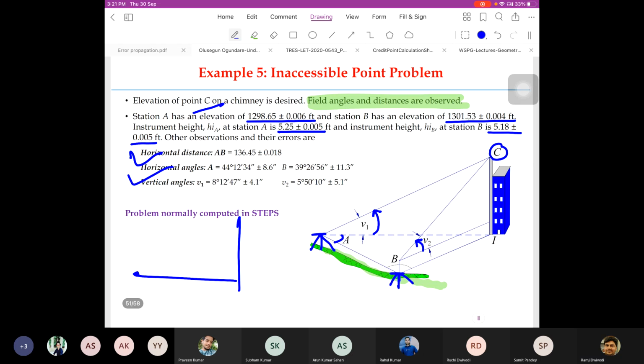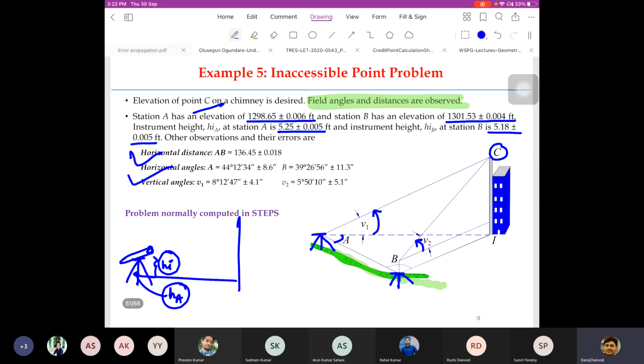But please remember, in our domain, angles have to be measured with the instrument. An instrument cannot be placed on the ground. The instrument has to be placed on a certain tripod. The tripod is established over here, then you have this instrument. So the height of the instrument plus the height of this point, they both play a role.